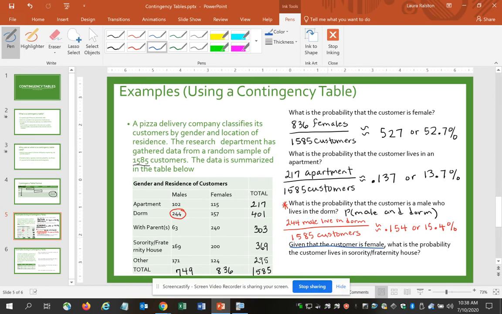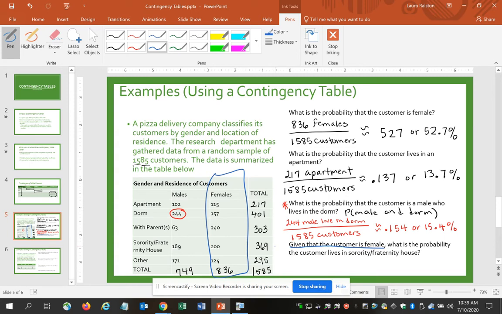So we know that the customer is a female. So I'm only going to focus on the column that represents the female because I've been given that condition. We've set a limitation. We don't want to look at all the customers. We only want to look at the females. It's called a conditional probability, and it usually will start with the phrase given that, or we'll have that phrase in the description.